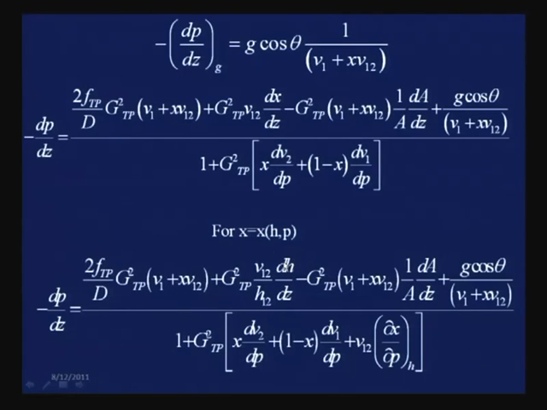And more importantly, if you observe the denominator, you find that instead of considering only the specific volume changes with pressure, we are also considering how quality changes with pressure. So, we find that the expression in this particular case becomes much more involved.